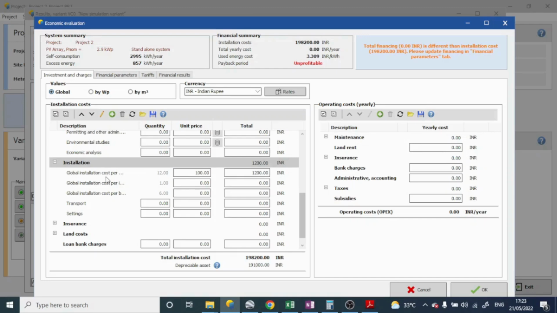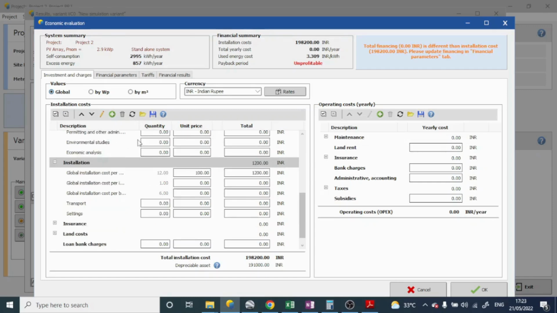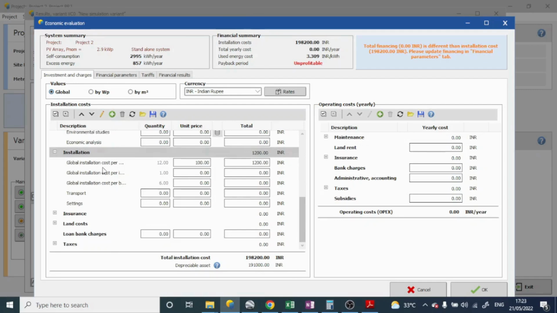Basically, this cost is not necessary to be written like this, but on an average when we are hiring the EPC contractor, they give an average price consisting of the installation also. Permitting, environmental studies and economic analysis are not necessary to give as parameters for a small scale project.